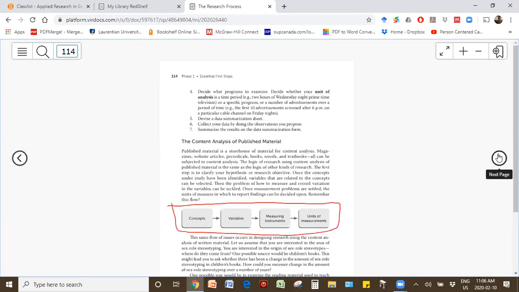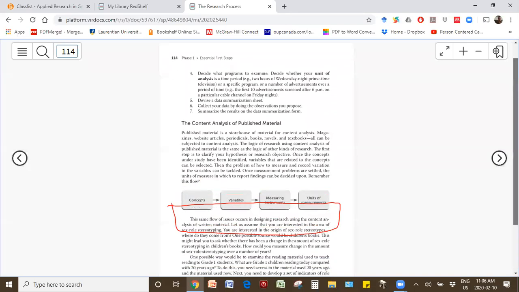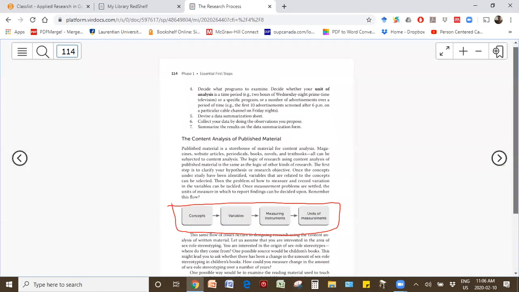So none of these different methods of qualitative research have that much variability in how you will go through the steps. Only thing is, like we were looking at in the last chart at the beginning of the lecture, there's a recursive process, which means you measure stuff and you have units of measurement, and then you go ahead and start collecting data.